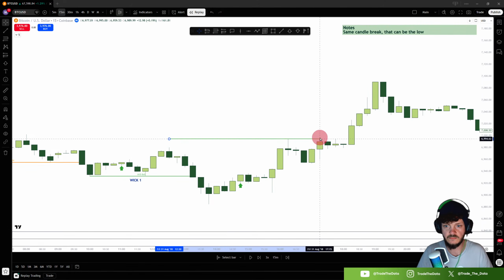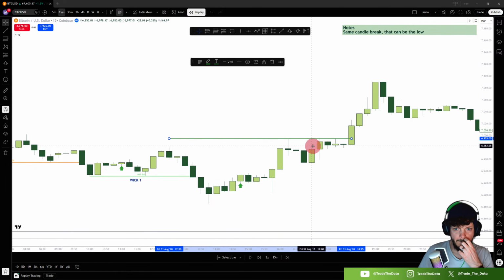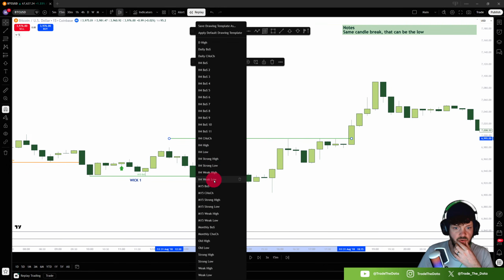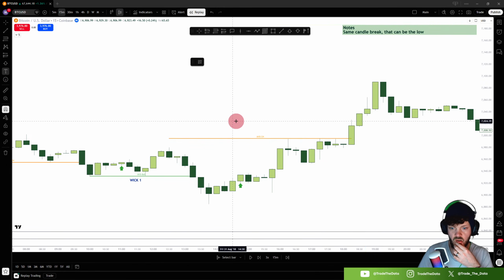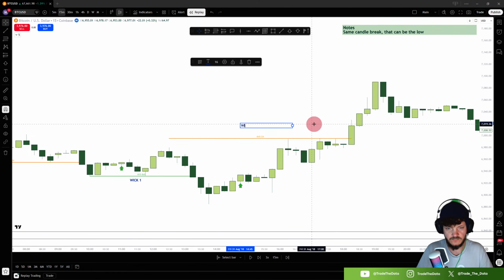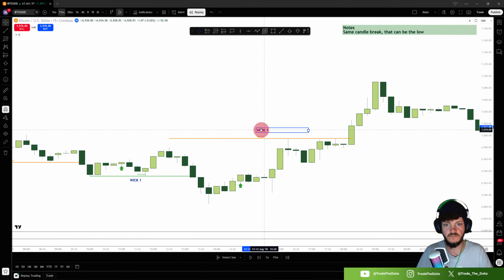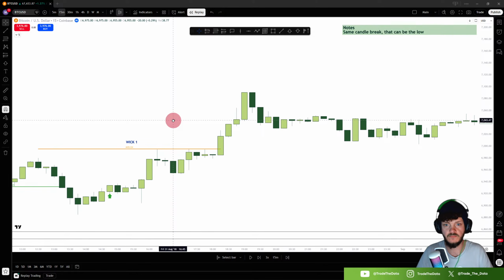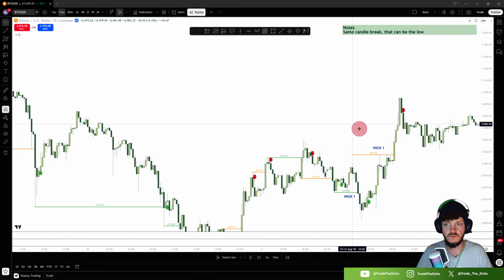A 2 wick. Because that is higher. Yeah. 2 wick chock. There you go, there's your 2.